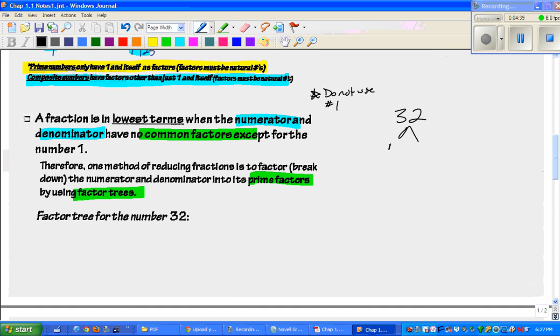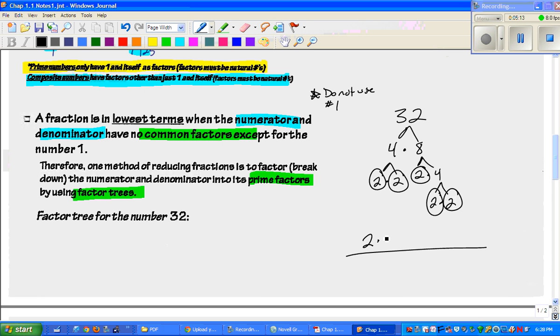So we said the numbers 4 times 8. Okay? Well, what breaks down 4? Well, to get 4, we multiply 2 times 2. And 2, that's a prime number. Okay? 8, what do you multiply to get 8? That's 2 times 4. 2 is a prime number. What multiplies to get to 4? 2 times 2.